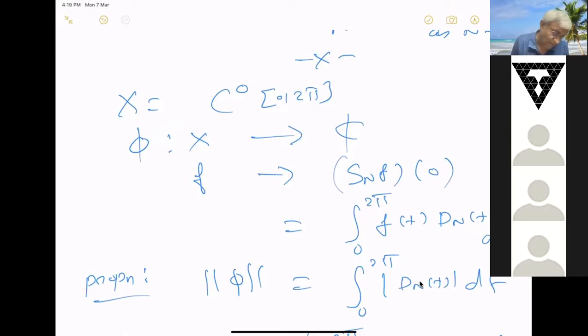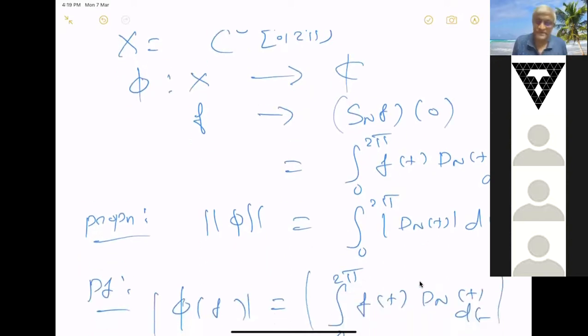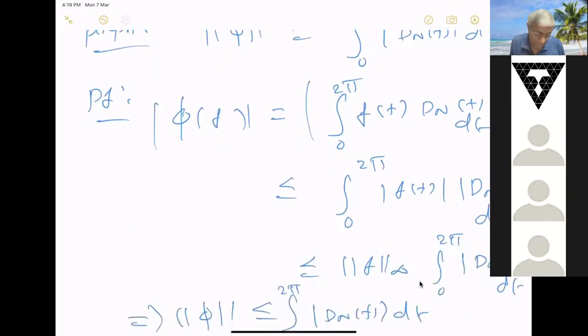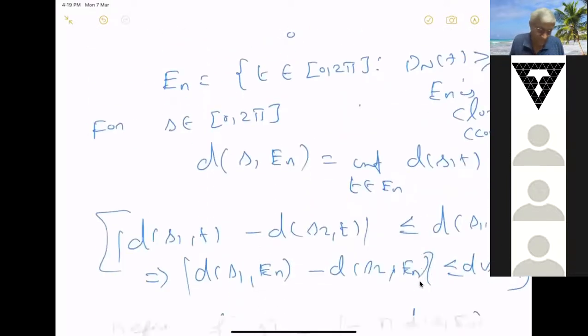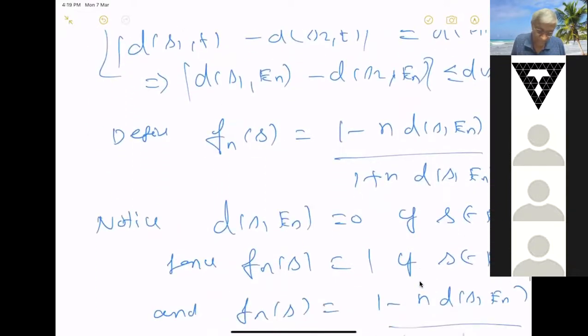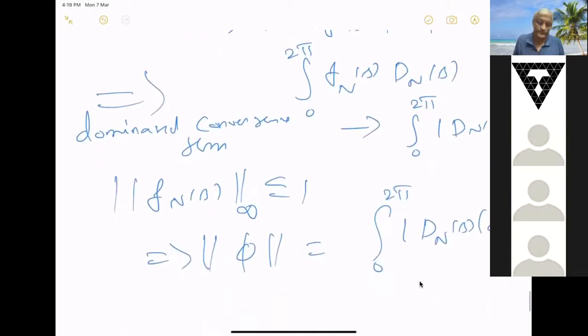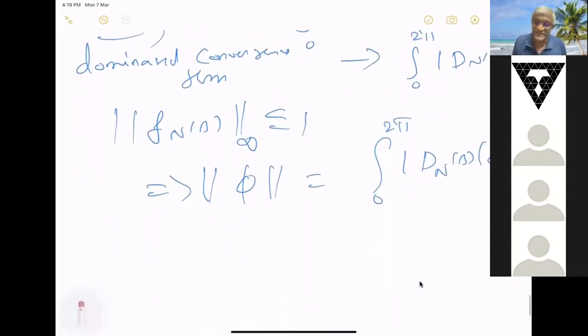Then I proved that the norm of phi is the integral from 0 to 2 pi of the Dirichlet kernel DN, the norm of the Dirichlet function. That's what I have proved. If you have any doubt, ask me. This is just pure computation. So I have proved that this is the norm.